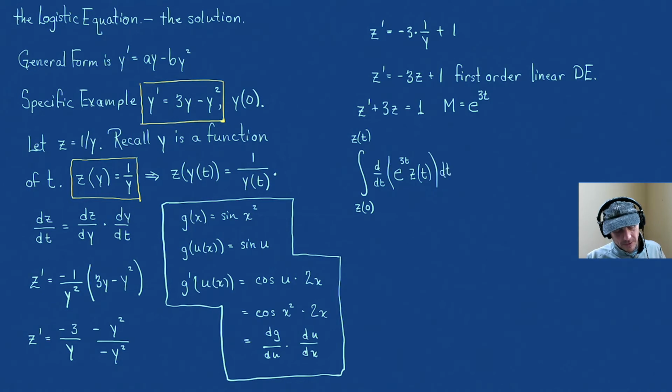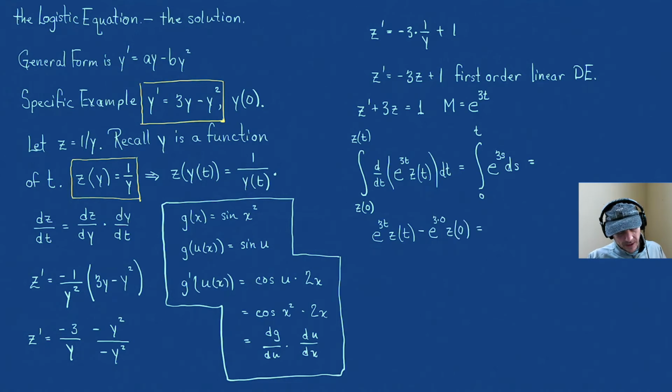And on the right-hand side, if we take the integrating factor times 1, I'm going to pick up the integral from 0 to t of e, and I should use a dummy variable, e to the 3s ds. Okay, we're almost done. On the left-hand side, we're going to pick up an e to the 3t times z of t, and minus, we put in our initial condition, this becomes e to the 3 times 0 times z of 0.